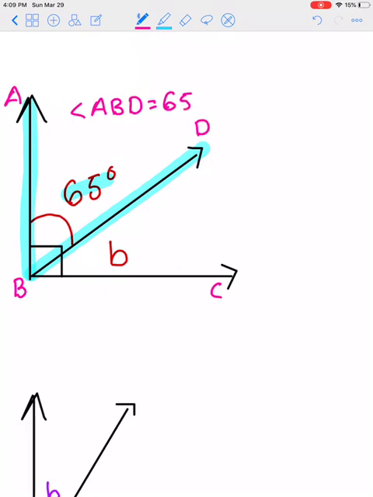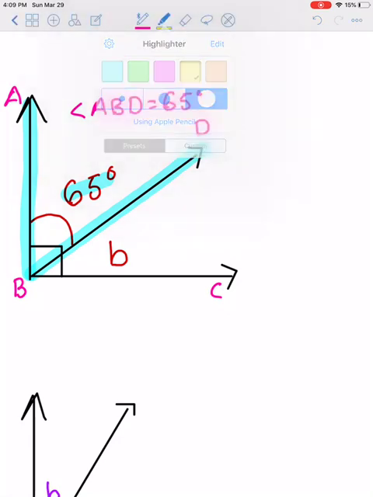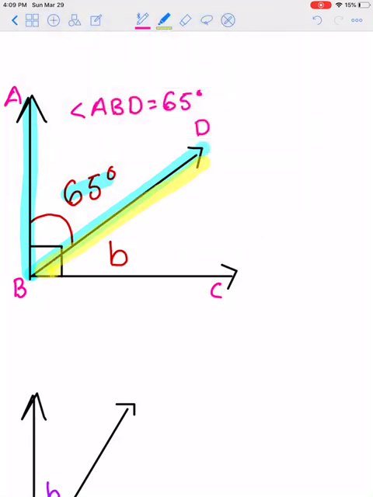But we don't know what angle DBC is. We're not sure. How are we going to solve?